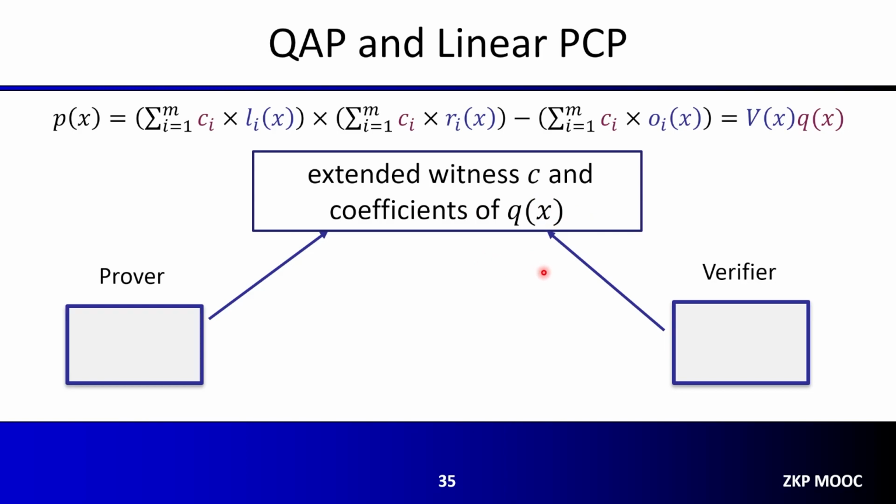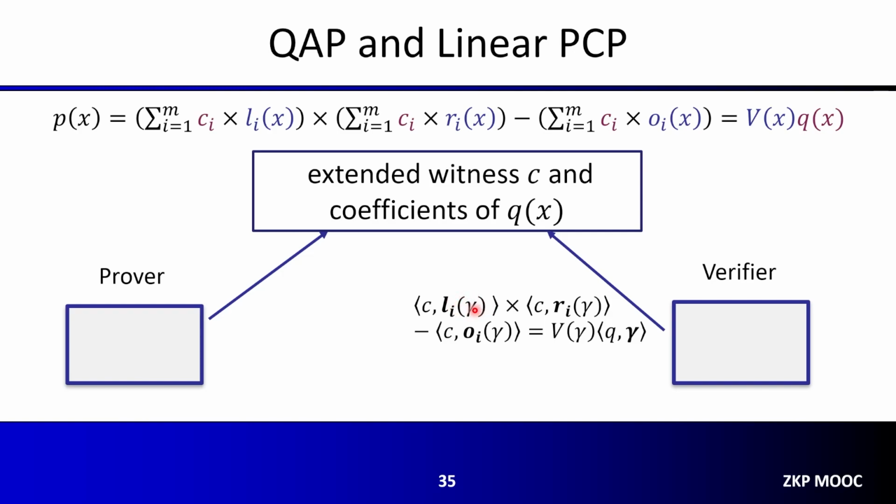With this oracle, one way to check this equation is again evaluating it at a random point. The verifier can compute the evaluation of this polynomial equation at the random point gamma. To do that, the verifier can only submit linear queries to this oracle. The first query is the inner product between c and the evaluations of L_i at the random point gamma.